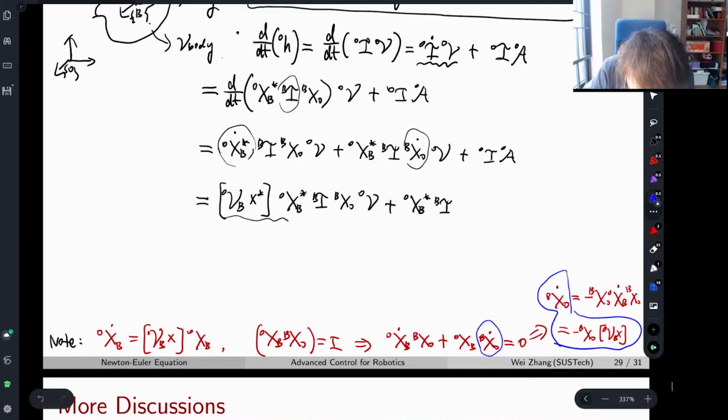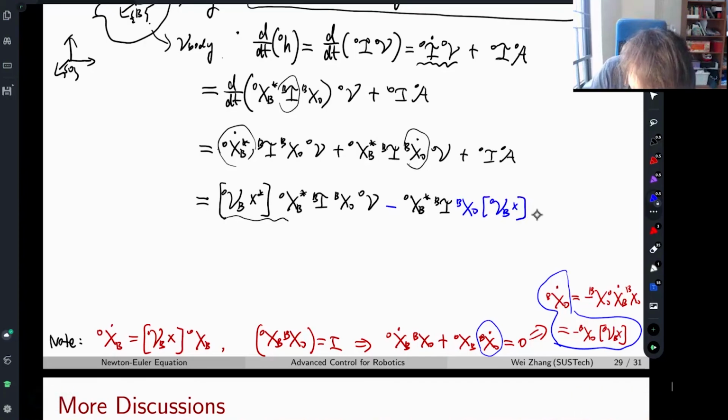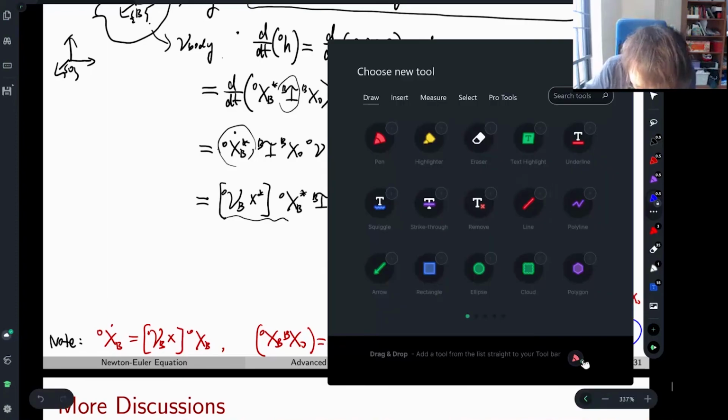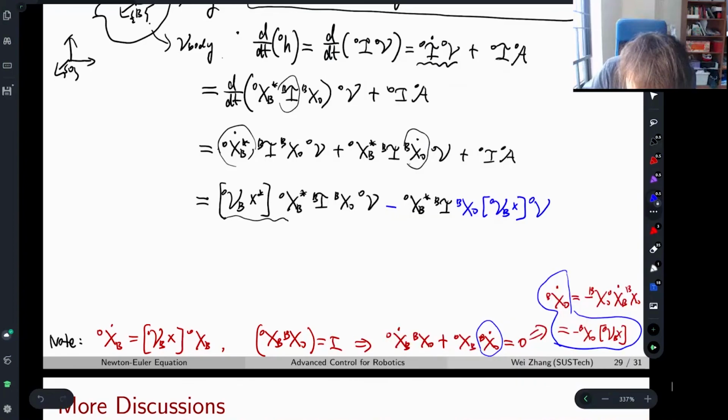Then let's plug this in. We will have a negative sign here, and X_OB times V_BO cross, that's this dot, then times V_O, plus I_O A_O.